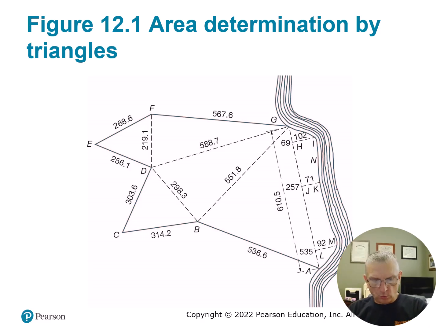Figure 12.1. And oh yeah, in dealing with U.S. public land surveys and even old surveys in Georgia, you'll run into square chains, or Gunter's chains, or the unit square chains.